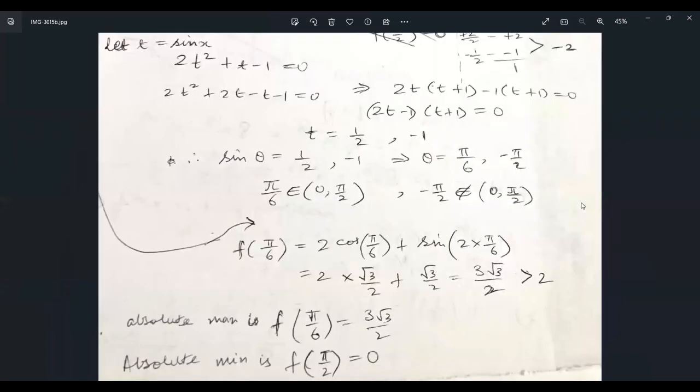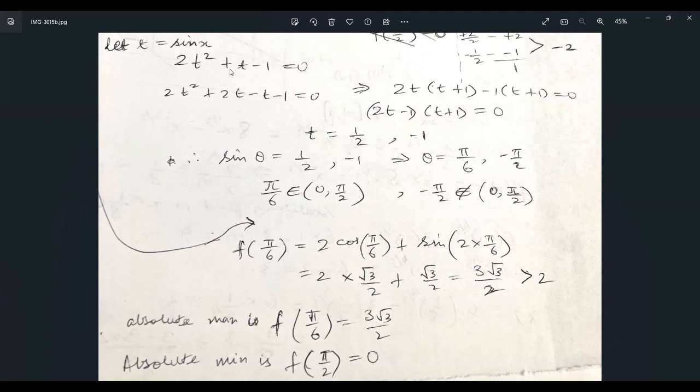Now we move on to find the stationary point. Let t equal sin x. So I have a quadratic expression here, which is 2t square plus t minus 1 is equal to 0. Now solving this quadratic, I split the middle term as 2t and minus t, because we want the product to be minus 2 and the sum to be 1.